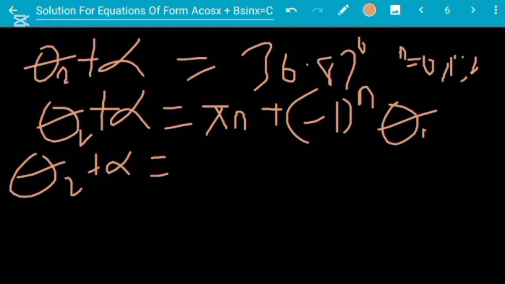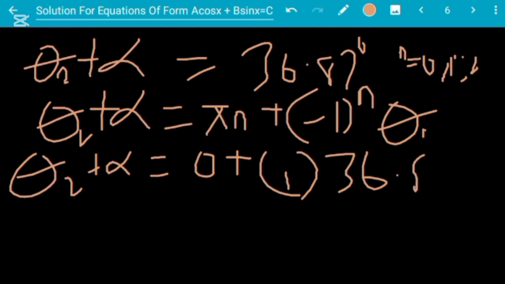So when our n is equal to 0, this becomes 0 plus, anything raised to power 0 is 1, plus theta 1. What is our theta 1? Theta 1 is equal to 36.87 degrees. And this is not our final answer.